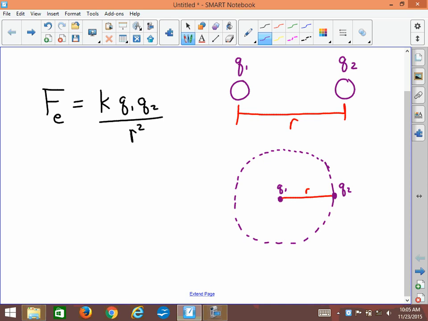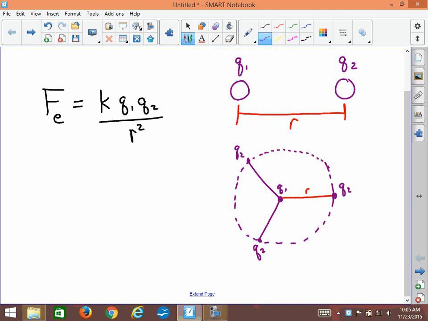But of course, Q2 could go anywhere on this circle and still feel the exact same force. So that's why we use an R for the distance between them, because it makes us remember that we're talking about anywhere in that circular region.